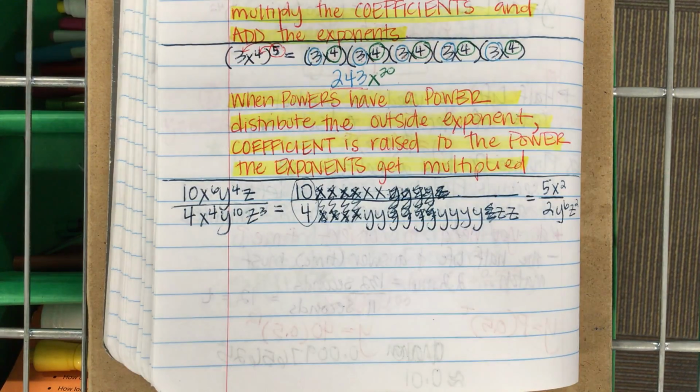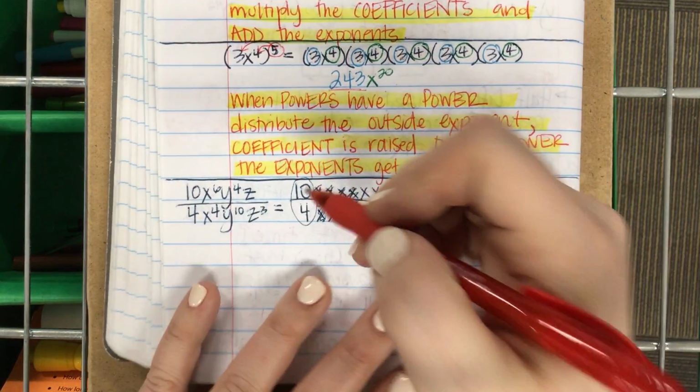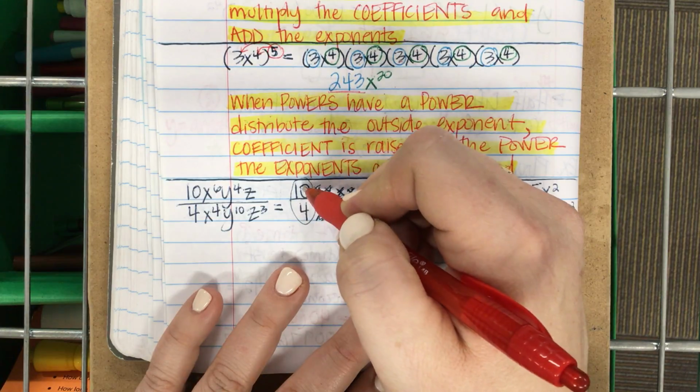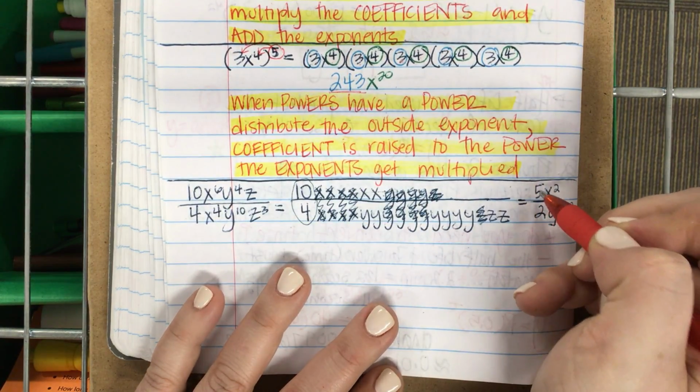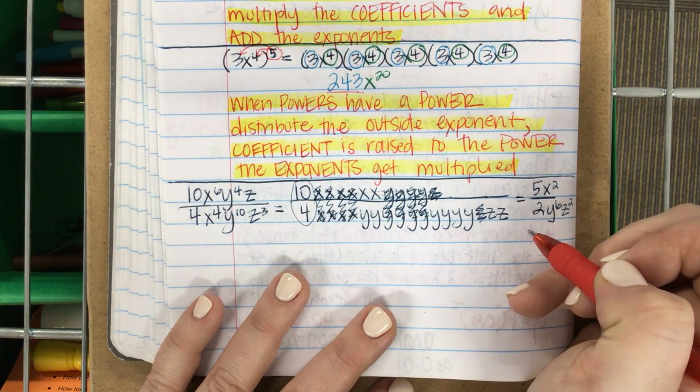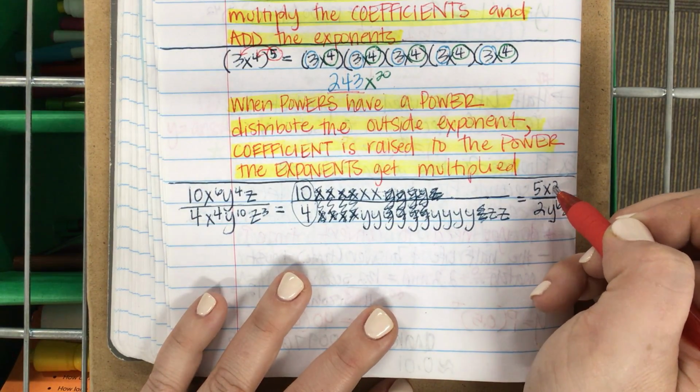But there's a shortcut. Ariana told me that I just simplified my coefficients, right? 10 over 4 can be simplified to 5 over 2. But where do you think this x squared came from?